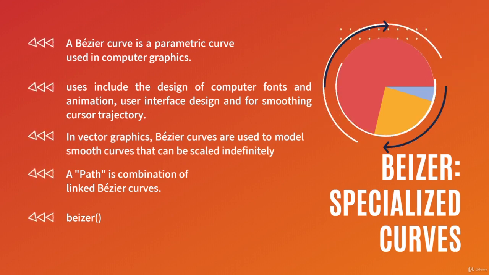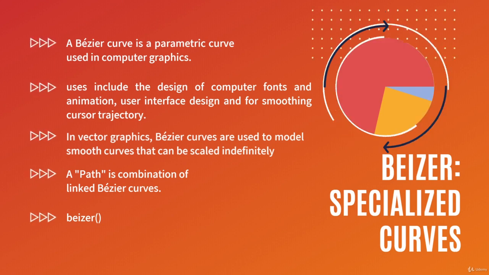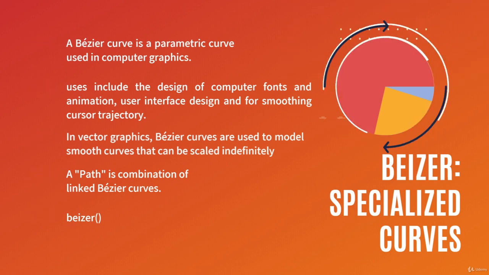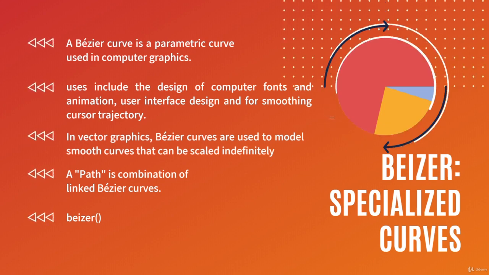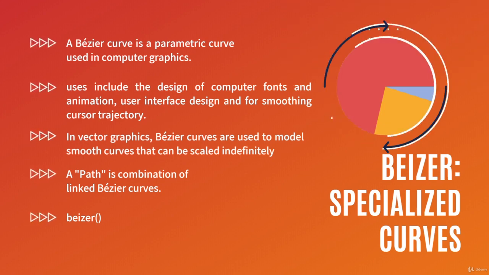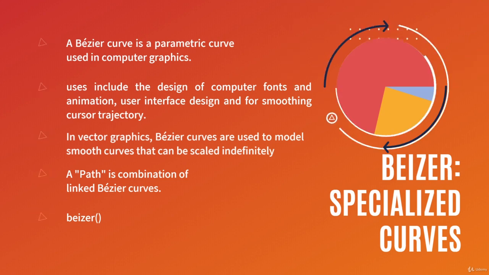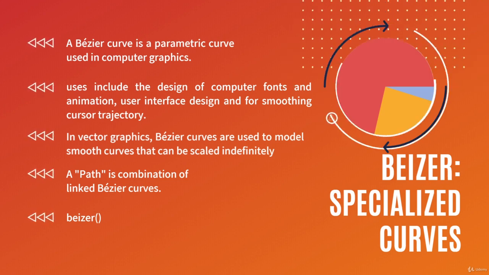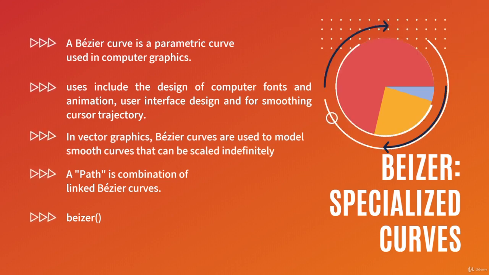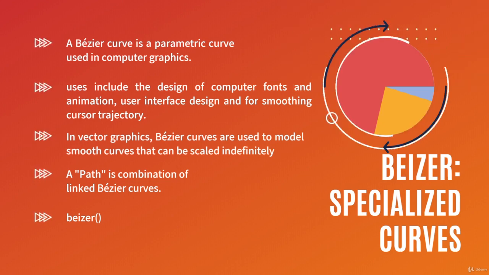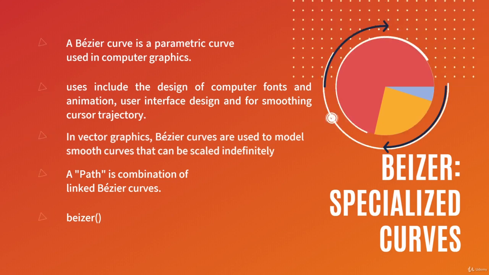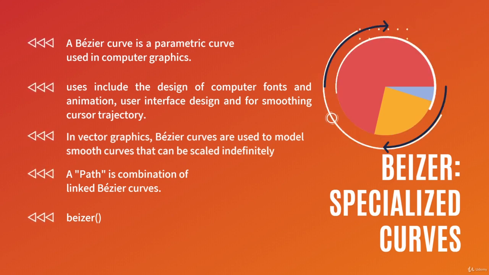There are a few types of specialized curves which one can perform using Bokeh, and one of them is the Bezier. Now it's a parametric curve. It's very well applied in the area of computer graphics, and this specialized curve, the Bezier curve, is specifically used for designing computer fonts or animations.